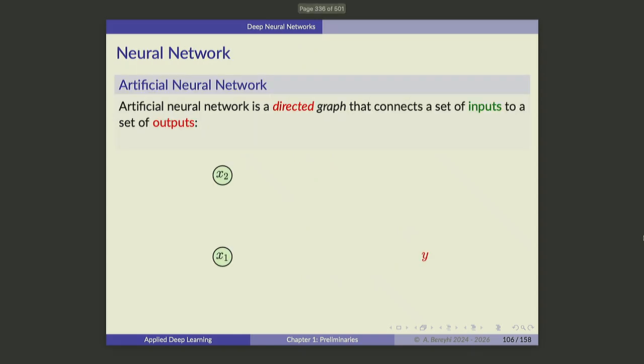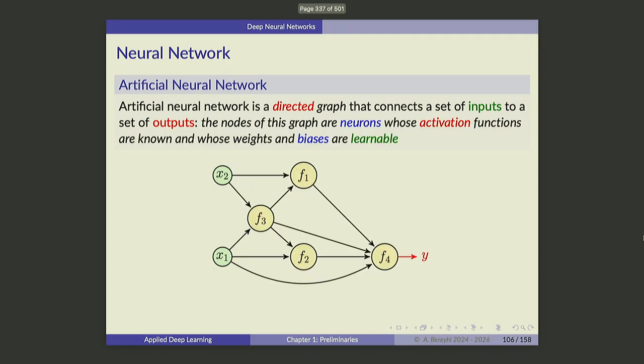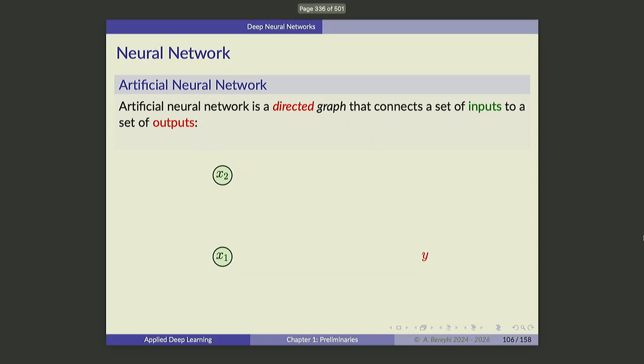Now, how can we define an artificial neural network? Well, an artificial neural network is formally defined in this form. It's a directed graph that connects a bunch of inputs to the outputs through a graph, right? And every node on this graph is simply an artificial neuron, right? So you've got these inputs, x1, x2.